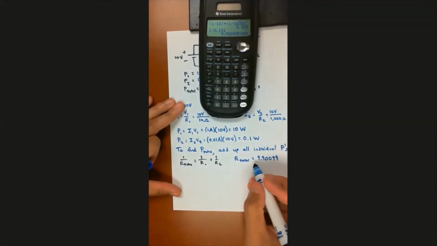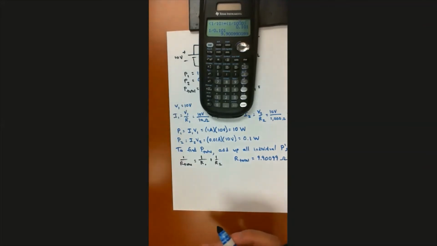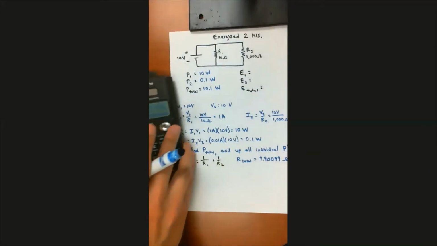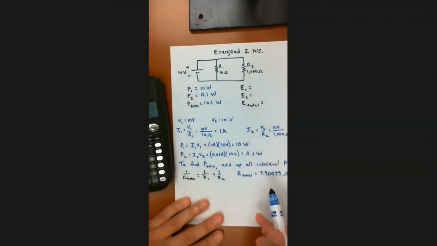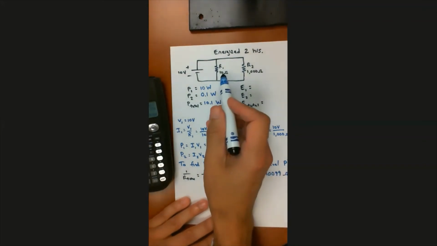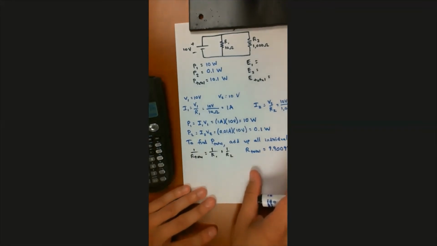All right, I'm going to keep that many sig figs for now, even though it's ridiculous to talk about a resistor that has that many sig figs. All right, so that's what my total resistance is. And that makes sense because that's less than my smallest resistor, right? If I'd come up with an answer that was like 10 point something or 11 or anything bigger than 10, I would know I made a mistake.